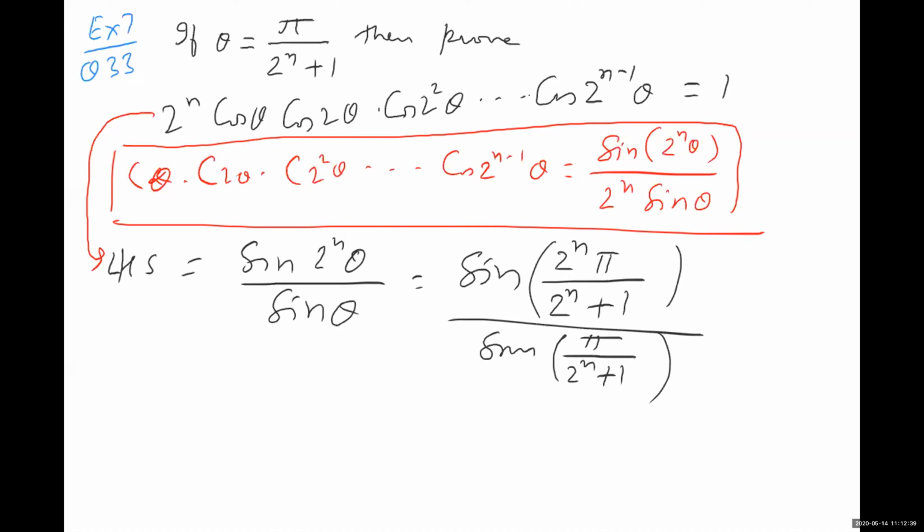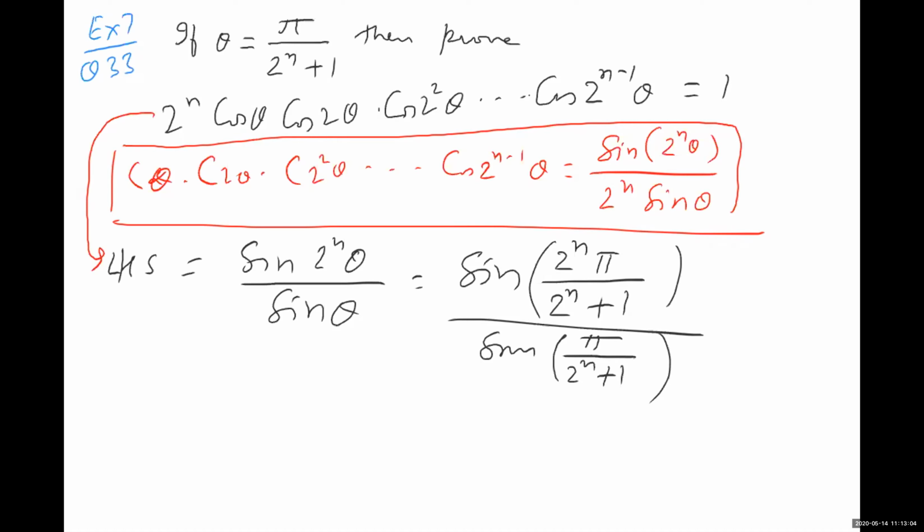Now the important thing: in this numerator you can add 1, subtract 1. So we can simplify theta itself. We can write theta is equal to pi by 2 raised to power n plus 1. So then we can write 2 to the power n theta plus theta is equal to pi. Yes, that is also correct.